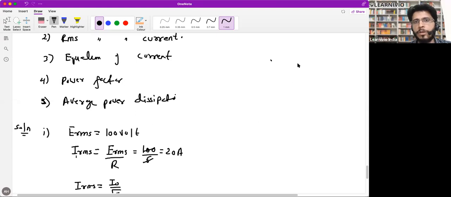Okay, Abdullah, you wrote root 2 also. Let me check. Okay, yes, you are right. Yes, Abdullah, you're correct. Fatma, power factor is not 0. Just look at the derivation. How much is power factor?